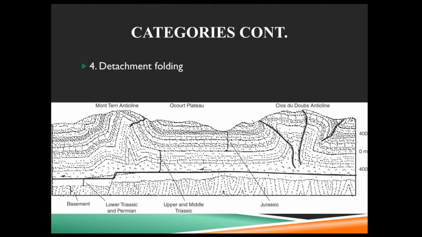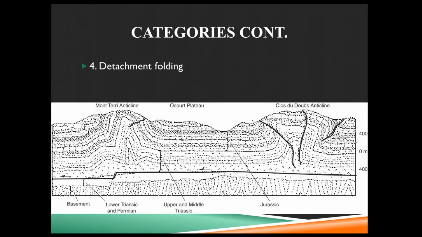Now, an important thing here is notice the direction of motion. This is not a ramp like we've seen in all of the previous slides today. The motion is going down the ramp, not up the ramp. But we still have lots of compression. We even have some faulting up in this detached area.